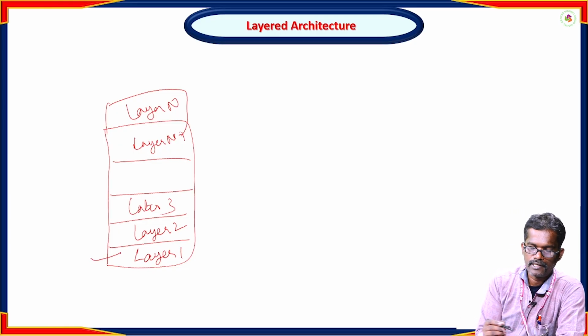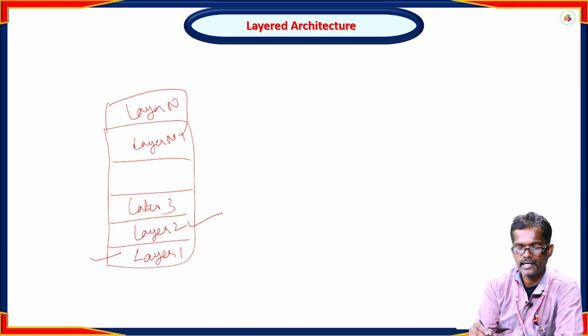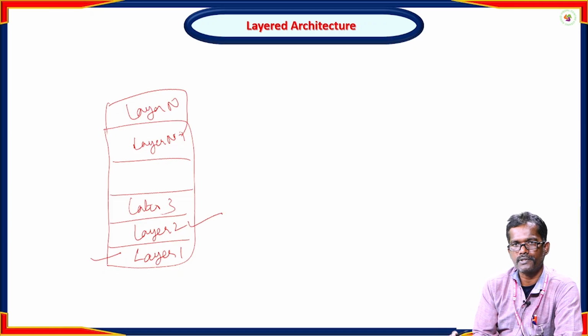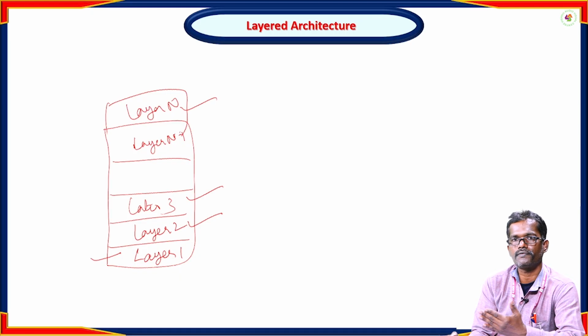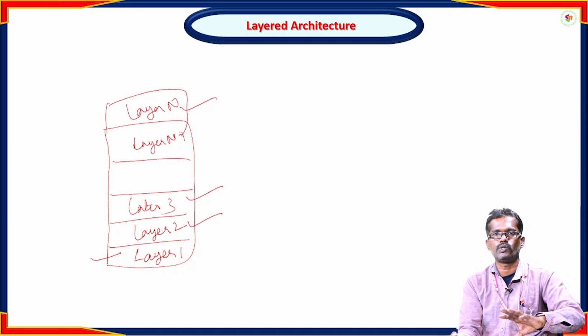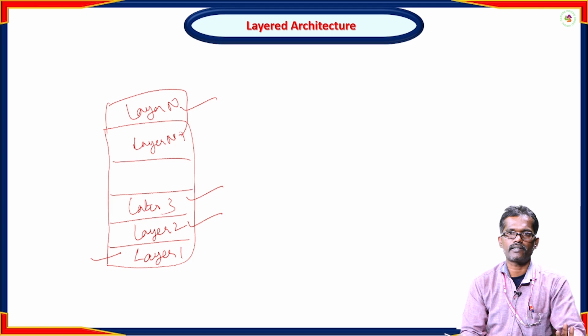For each layer we have a different set of rules and regulations. For the second layer, another different set of rules and regulations, and the third layer, up to the nth layer, each has different rules and regulations to do some work, some actions for data transferring.